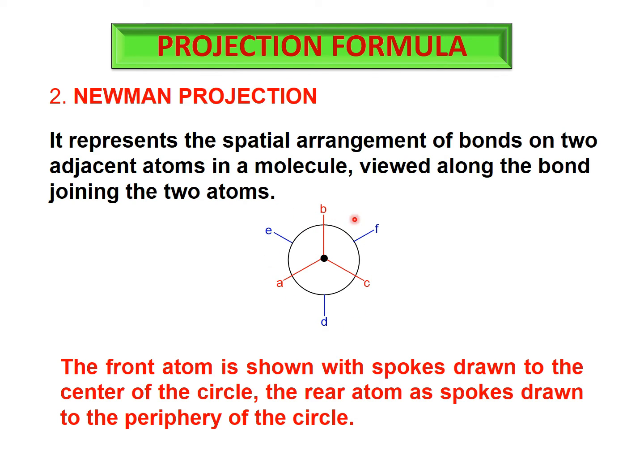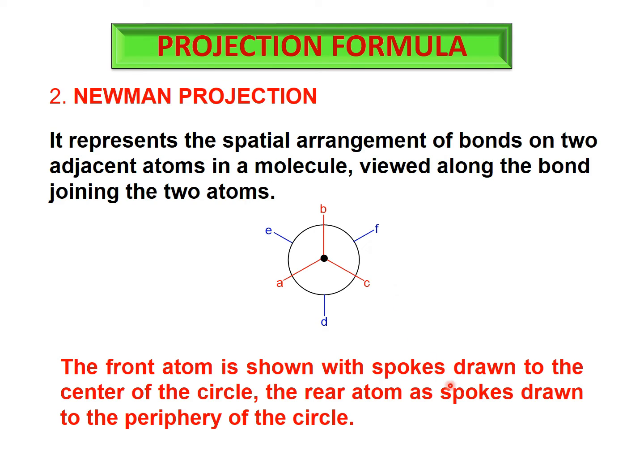So the dot, or the carbon atom in the front, has three groups attached to it, A, B, and C. These groups are shown with spokes which are drawn to the center of the circle, where the dot is. And the rear carbon atom, which is shown with a circle, has three groups, D, E, and F, which are shown as spokes drawn to the periphery of the circle.